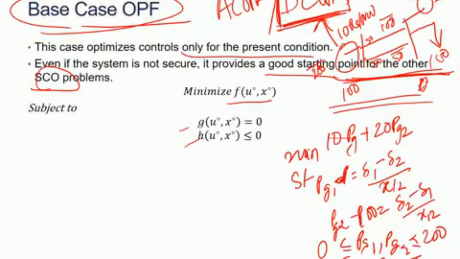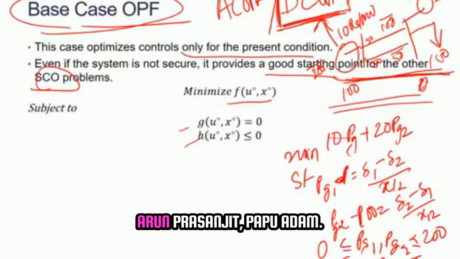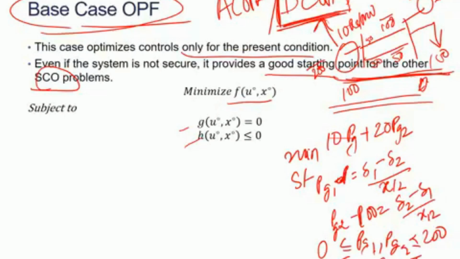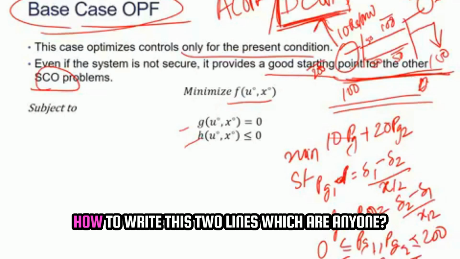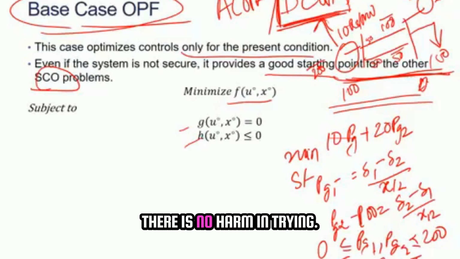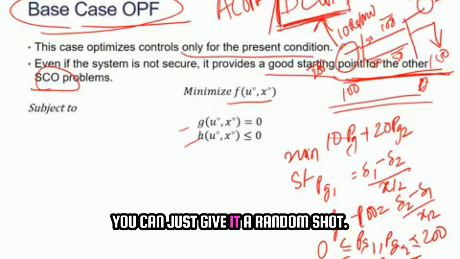Anybody? Arun, Prasanjit, Papu, Adam. How to write these two lines? Anyone, you can just try also. There is no harm in trying. You can just give it a random shot.